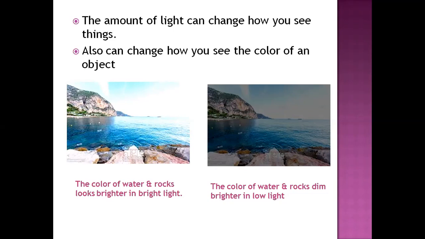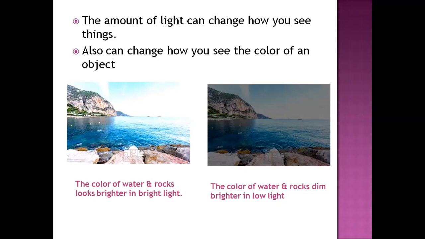As this picture shows, you have a picture of the sea and the rocks, okay? And this picture shows two things. The color of the water and the rocks look brighter in the bright light, because this is not a closed area. And the same picture looks dim.